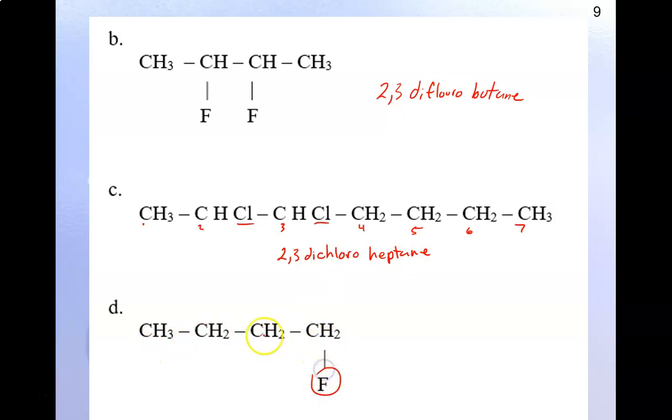Here we've got the fluorine attached to the end branch, and so you do have 1-fluorobutane. And even with the straight chain, unlike hydrocarbons, you can wind up with a functional group on carbon number 1 because it is unique.